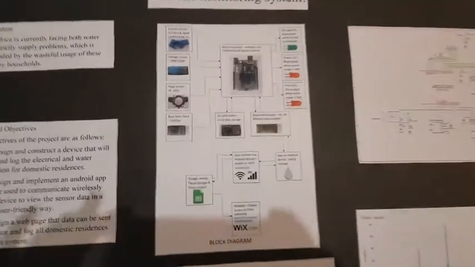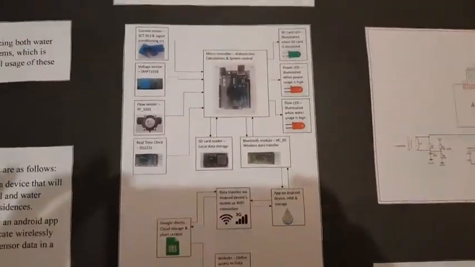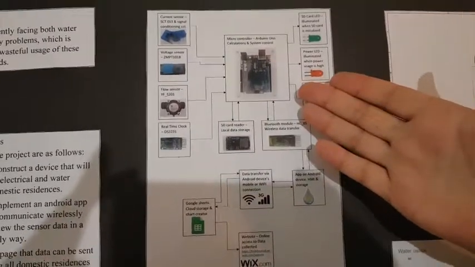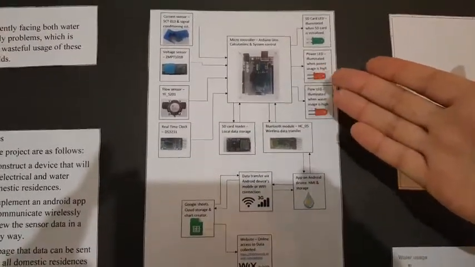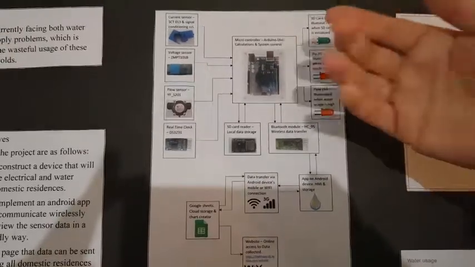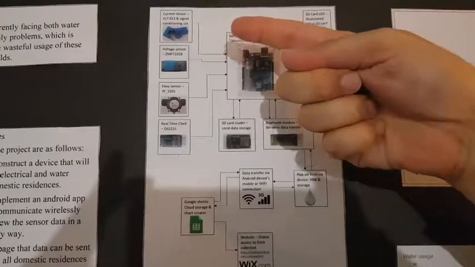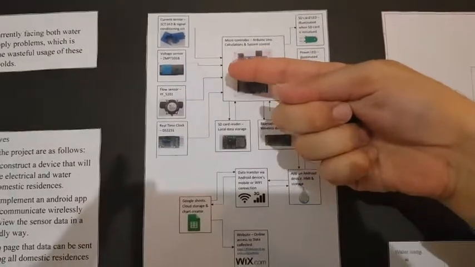If we move on to the block diagram of the project, we'll see the components. The heart of this project is the Arduino Uno. This is the controller for the system. It is monitoring the current and voltage through a current transformer and a voltage transformer.